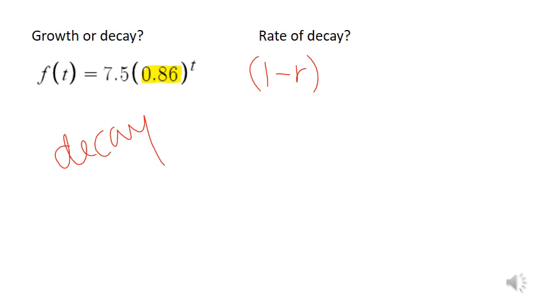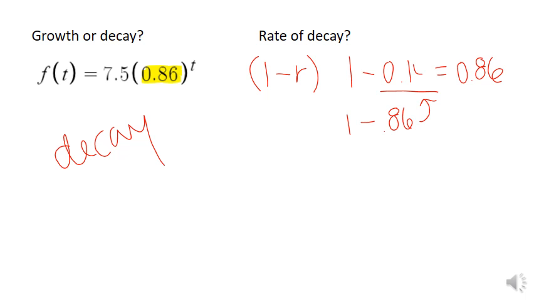So basically 1 minus some value has to give us 0.86. So to find the difference, you could do 1 minus 0.86, and that would give you what you're looking for. So it looks like our rate of decay is going to be 0.14. So that is the rate of decay.